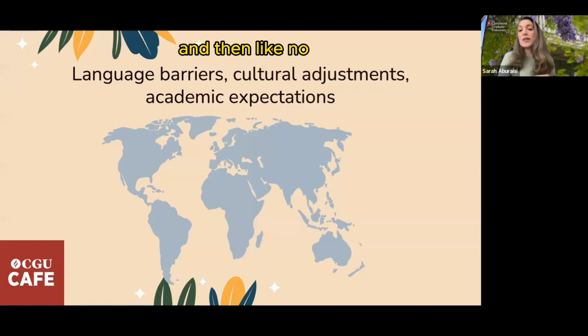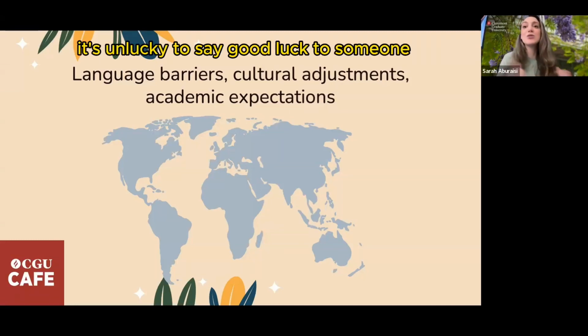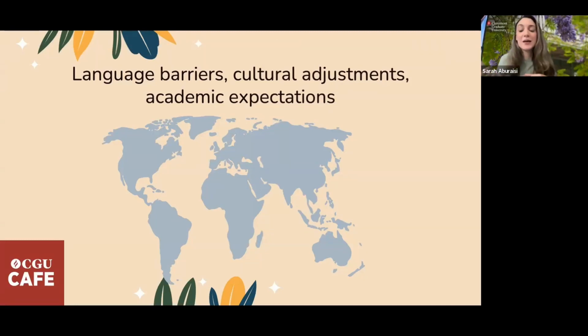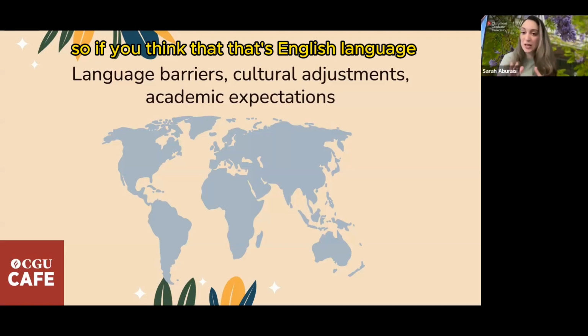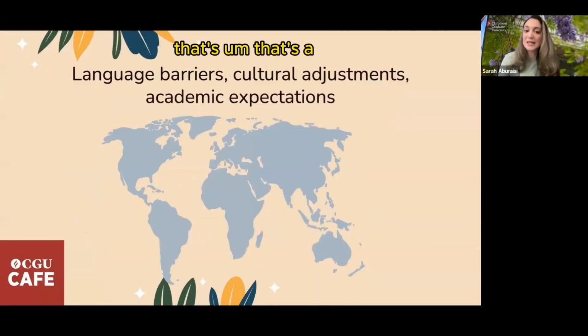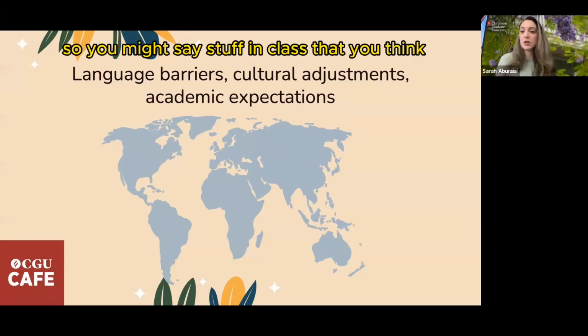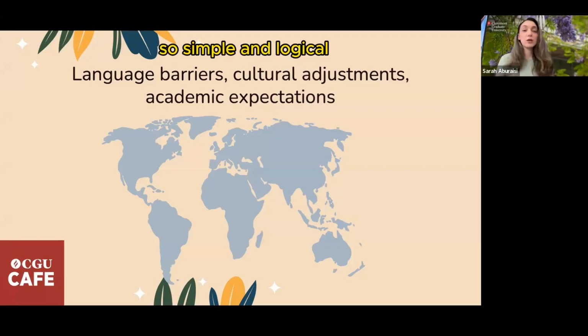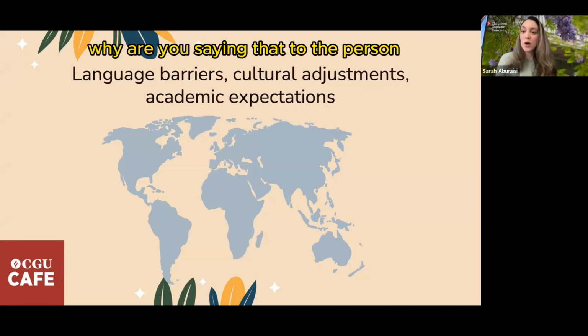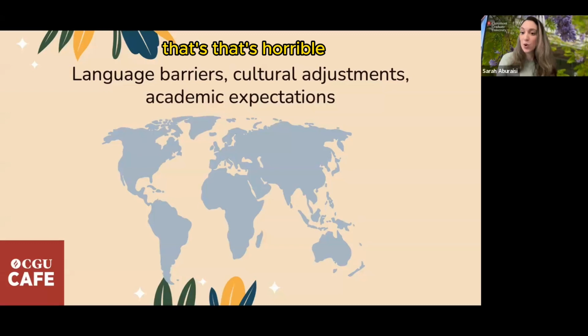And then I learned that it's considered unlucky to say good luck to someone. So if you think that's just English, no, that's a native-language perception of language. You might say things in class that you think are very simple and logical. For me, that was ominous. Why are you saying that to the person? Why would they break a leg? That's horrible.